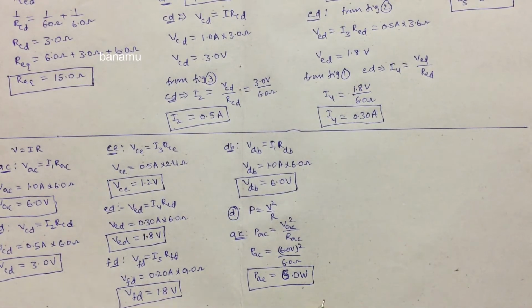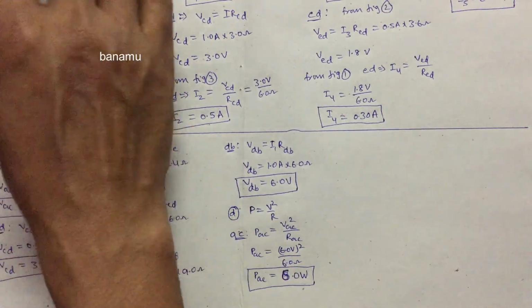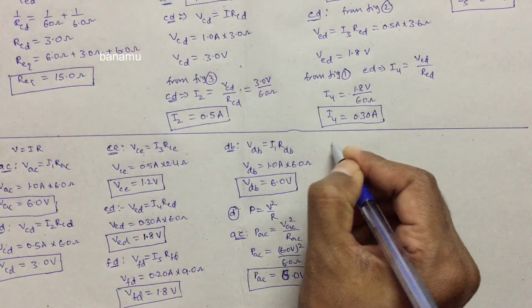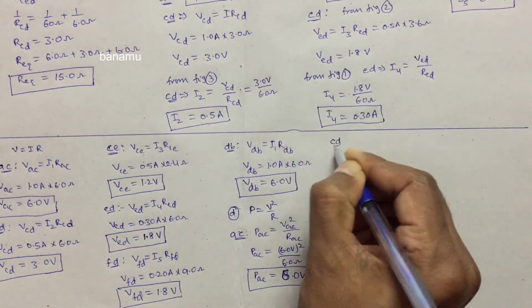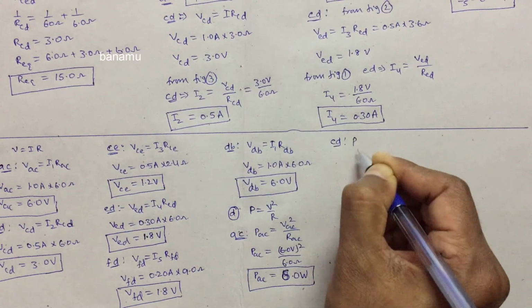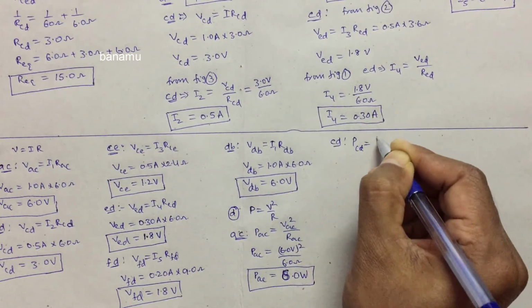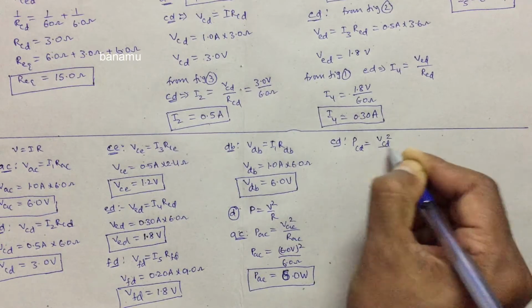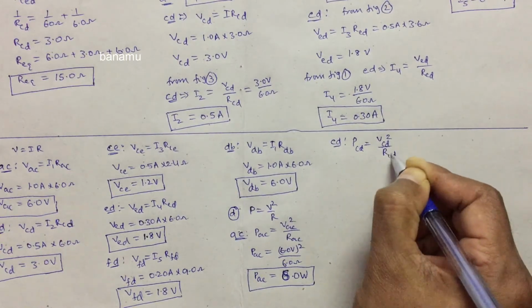And the power dissipated in CD is PCD. PCD is equal to VCD whole square by RCD.